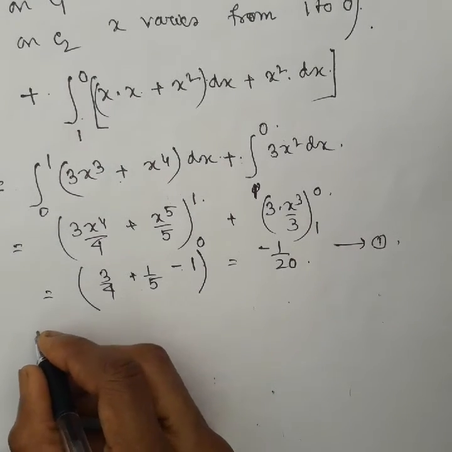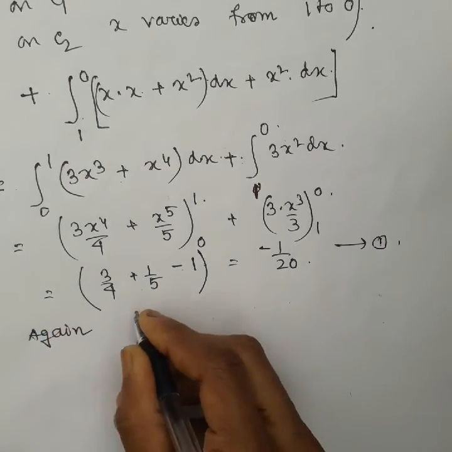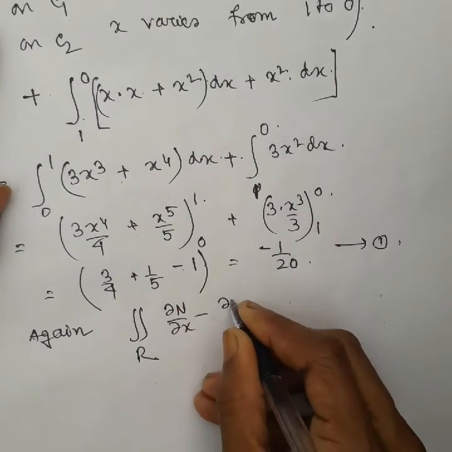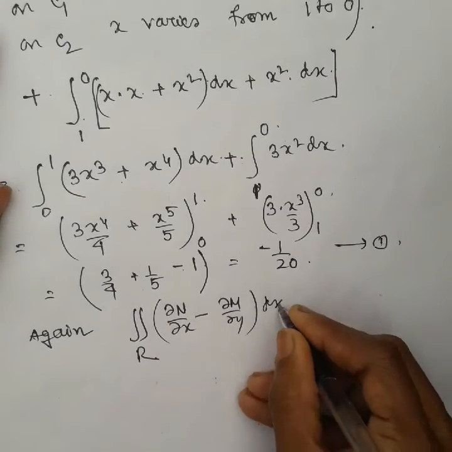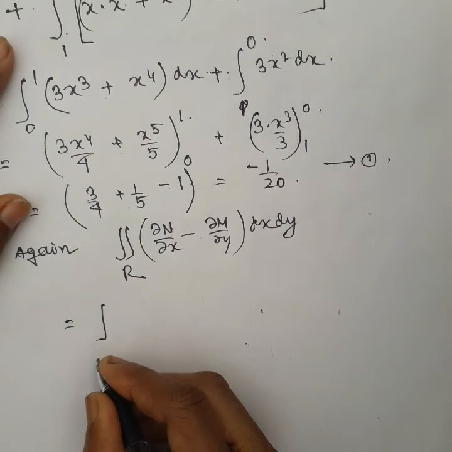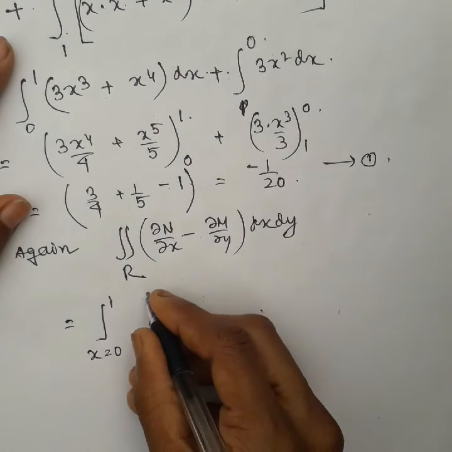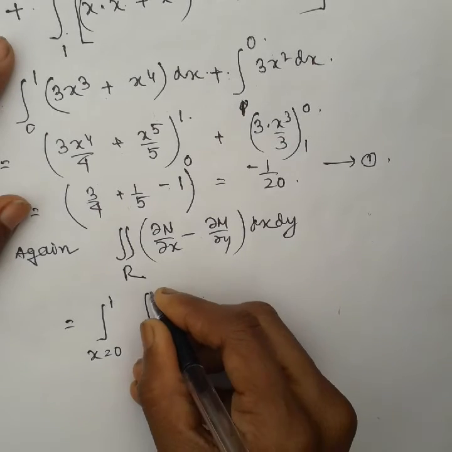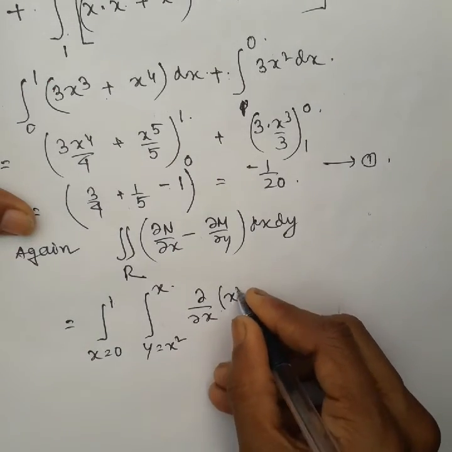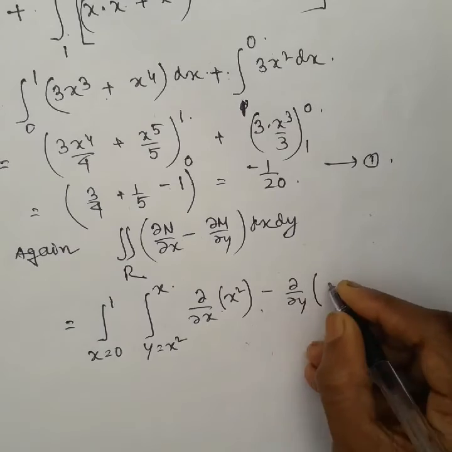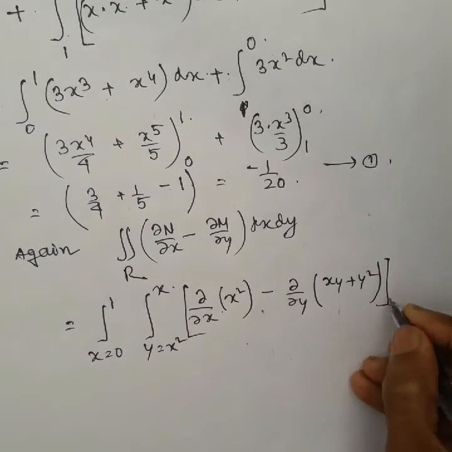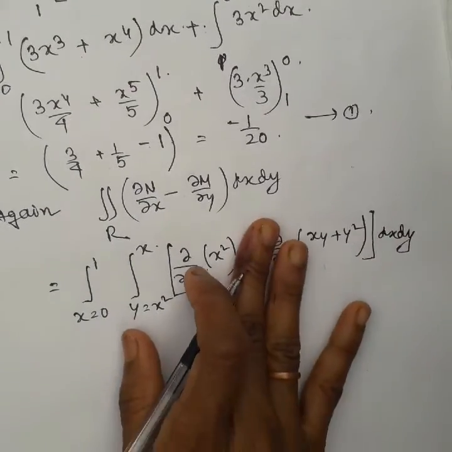So from the right hand side, the double integration over the region R of del n del x minus del m del y dx dy. Here x varies from 0 to 1 and y is from x square to x. Del x of n, that means x square, minus del y of m, that means xy plus y square, dx dy.